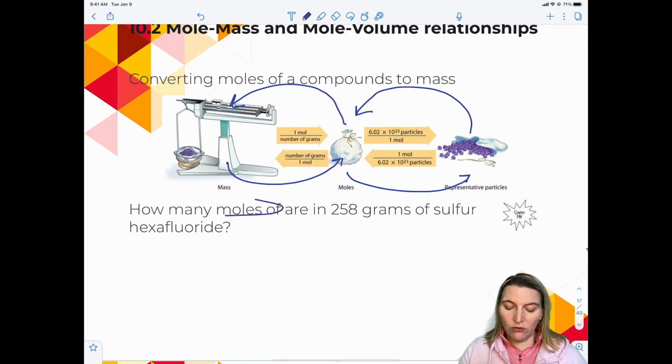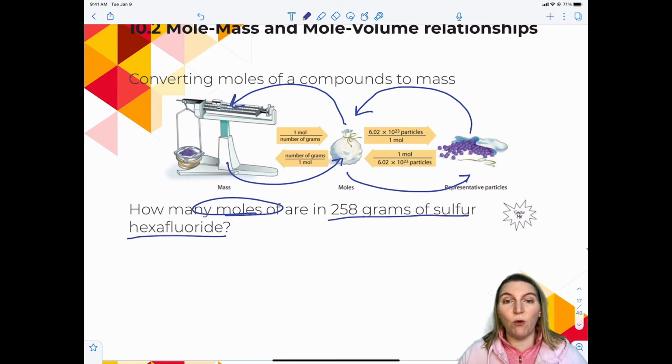How many moles, so circle the do, are in 258 grams of sulfur hexafluoride? That's why it was so important in chapters 7 and 8 that I really stressed you need to be able to go from a formula of a compound to the name of a compound and vice versa. Because when we write problems like this, we often don't say the formula, we say the name.